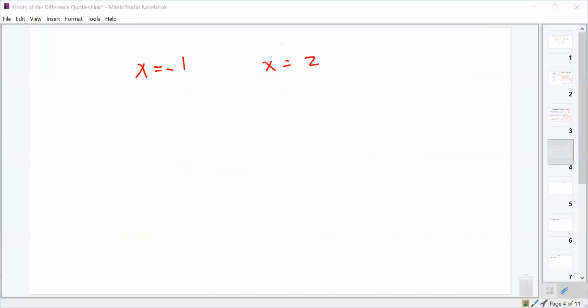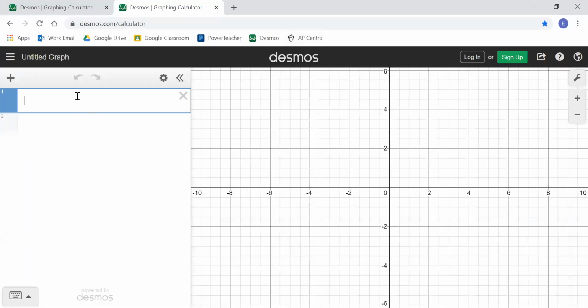So first, let's take a look on Desmos at that first graph. Our first graph was x cubed plus 2x minus 1, is that right? Yeah.